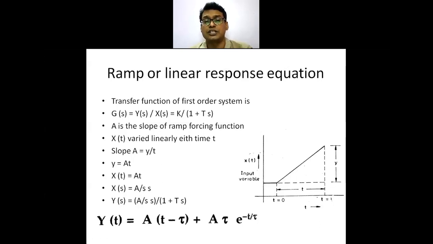And this y(t) is equal to A into bracket t minus tau plus A tau into e raised to minus t upon tau. So A can be taken as common, A into K will be there here.